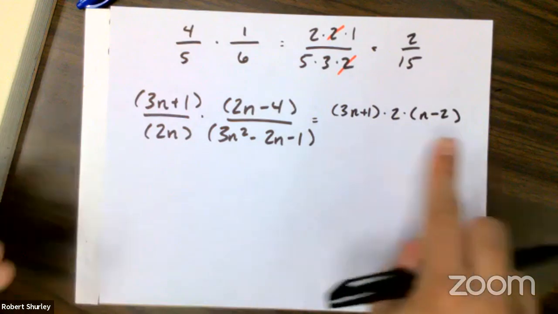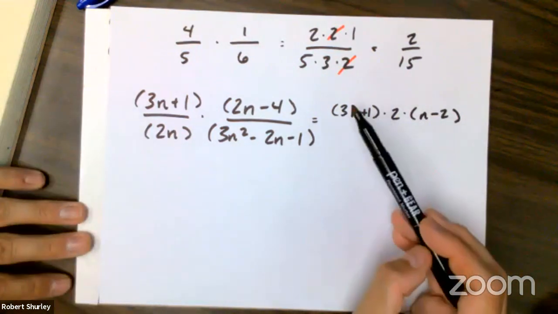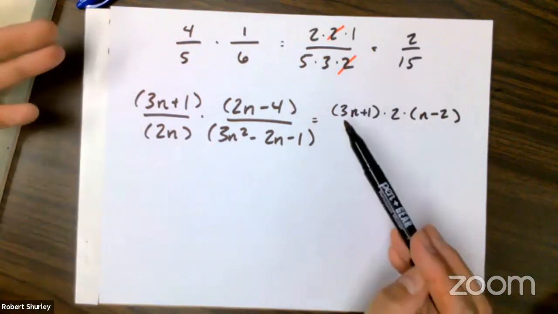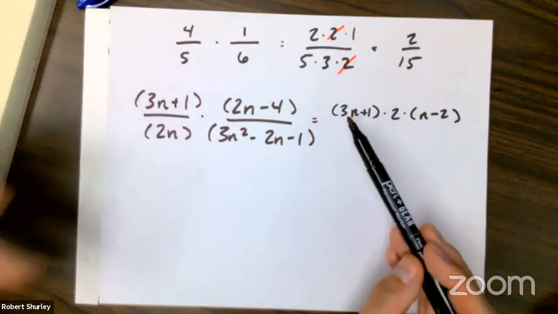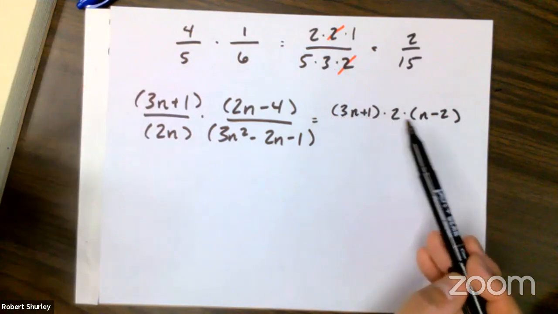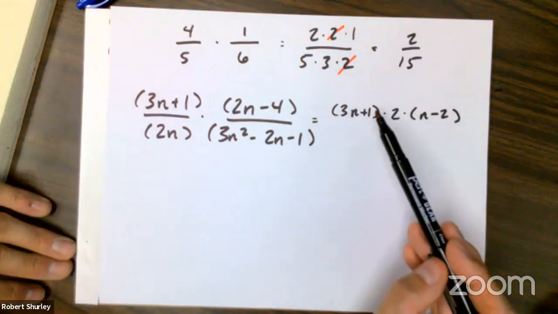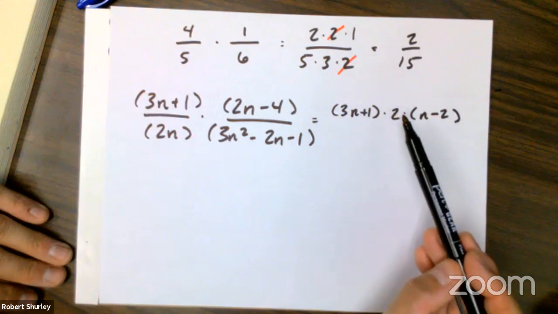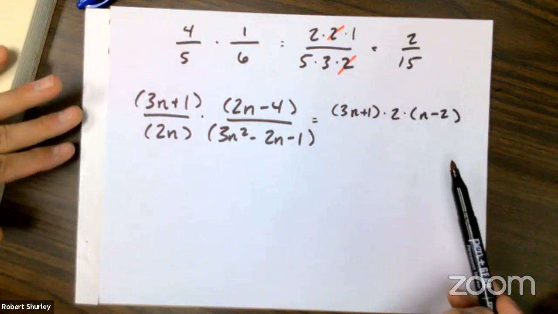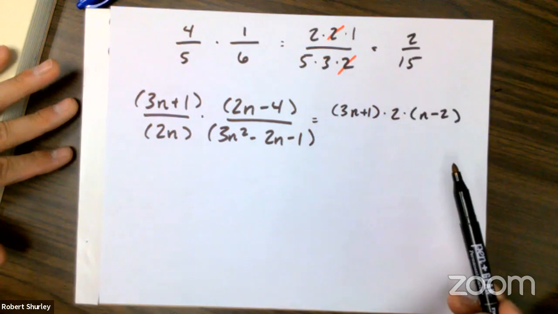Okay, and everything's just being multiplied. Really, what we have up here are 3 different numbers, just like if it was 5 times 3 times 2, right? They just don't look like normal numbers because they're binomials. So this is like saying 5 times 2 times something else, okay? So we have three distinct numbers here. They're all being multiplied, which is what we need if we're going to cancel them with anything in the denominator, okay?